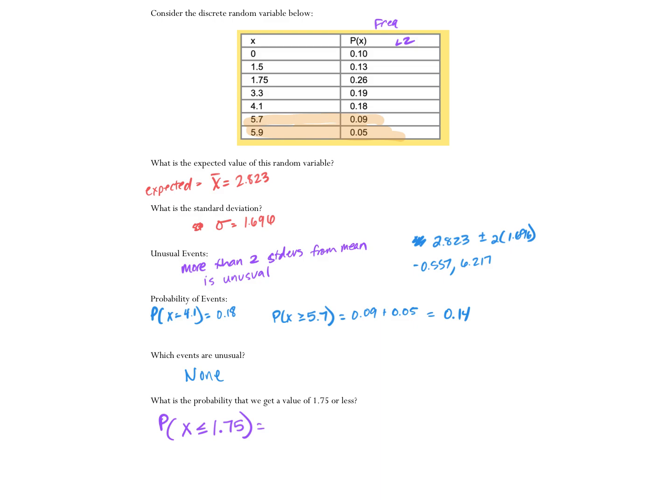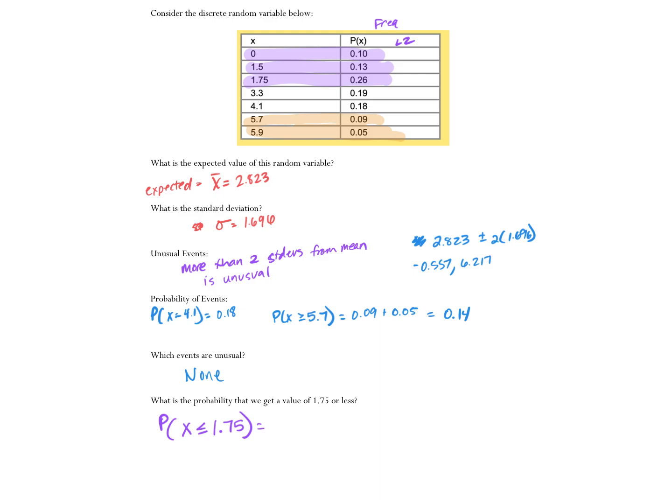So what would it mean for x to be less than or equal to 1.75? That's describing the top 3 rows of the table. Yeah. So for x to be less than or equal to 1.75 in this setting, x could be 0, x could be 1.5, x could be 1 3/4. What's the probability it's one of those 3?